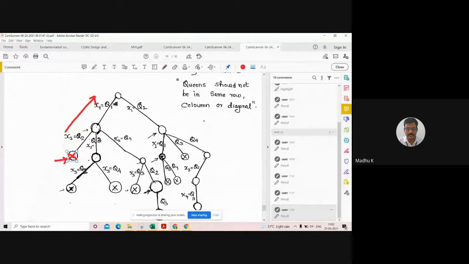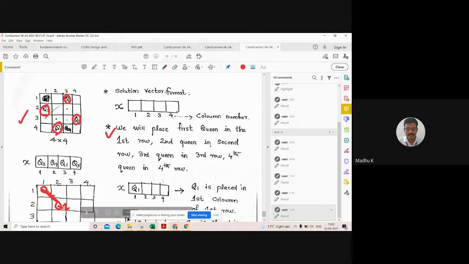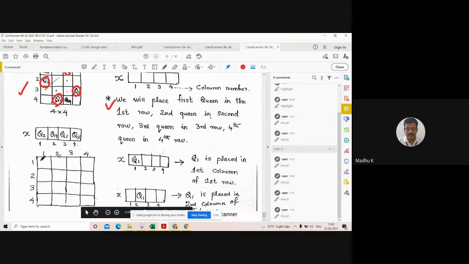I will try to place q3 at the second position. That is, I will place q1 here, then I will place q3.